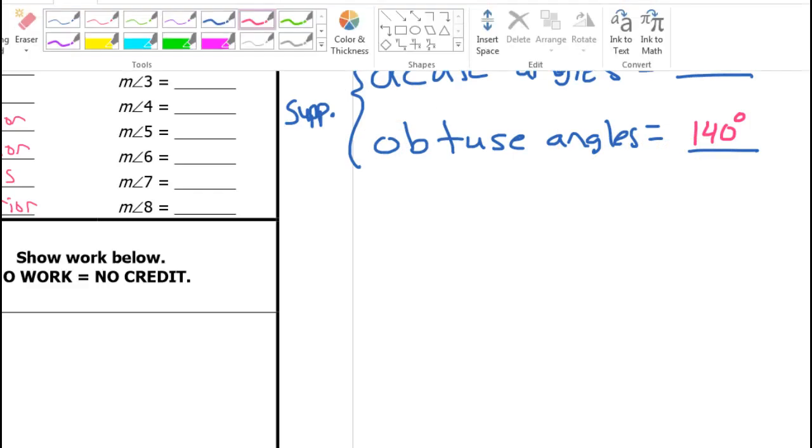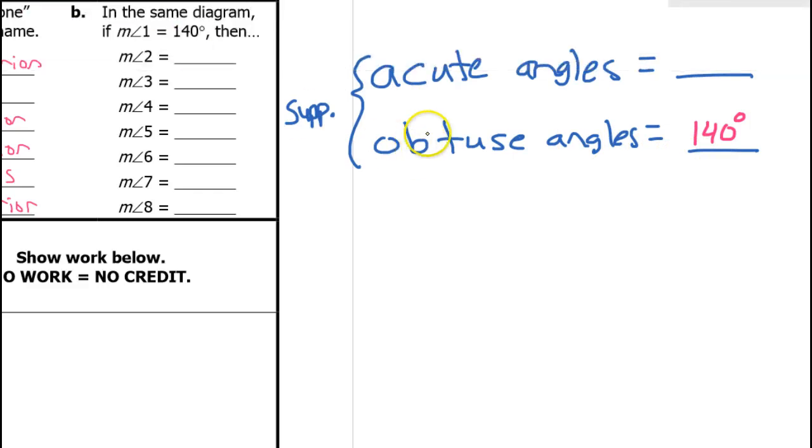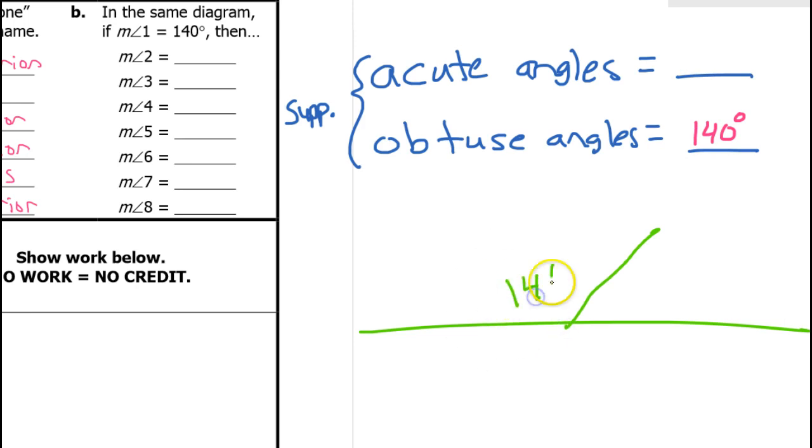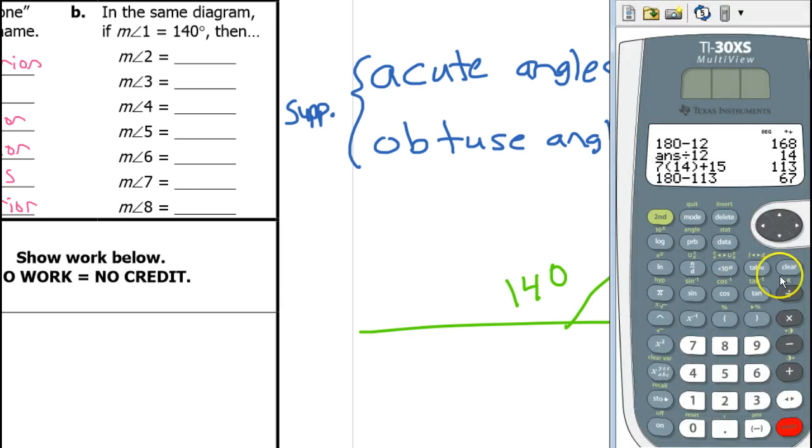And here, I'm going to use a different color this time so I can color coordinate them. My acute angle, you know what, I didn't mean to do it this way, but I actually already did this problem. If the obtuse angle is 140, then the acute angle must be 40, because they have to add up to 180.